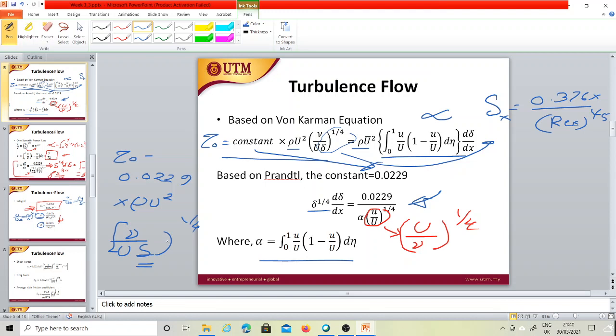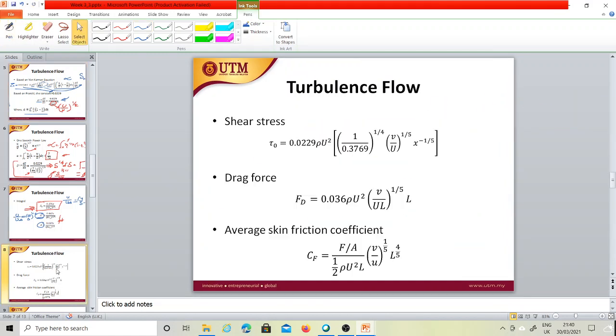You have to simplify it, this is also your task, and you will definitely get this one. Remember that I'm not asking you to derive these things, but you need to know how to get them. If I substitute the value of delta here and simplify it, you will get this expression.